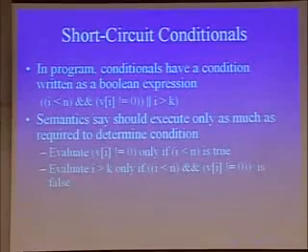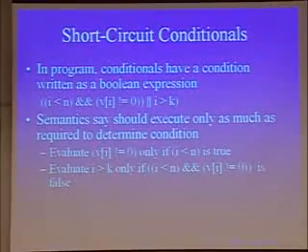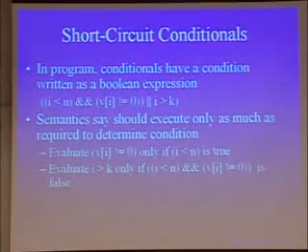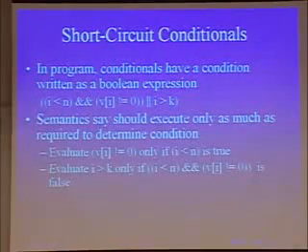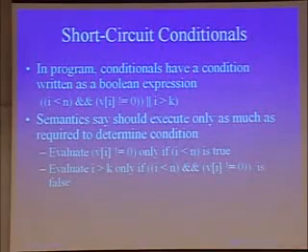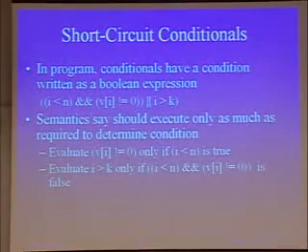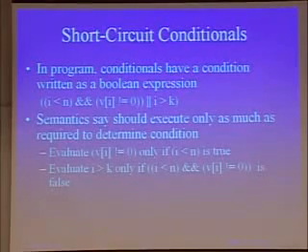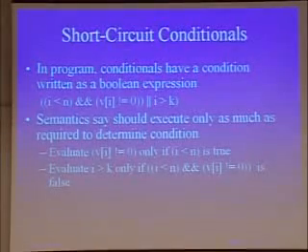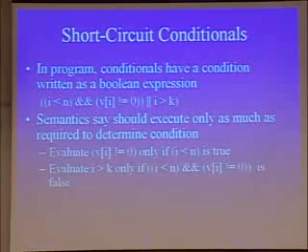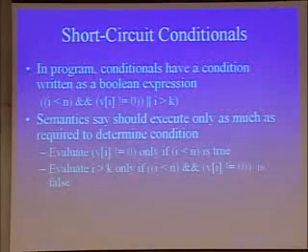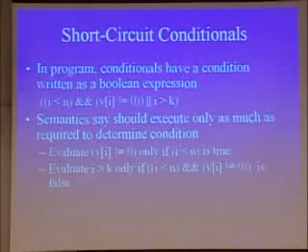Same thing if the first condition of an or is true, I don't have to execute the rest because it has to be true. This is why in C, sometimes in a condition, even if you put some statements, they might never get executed because the first one dictates what happens. So this is called short circuiting.